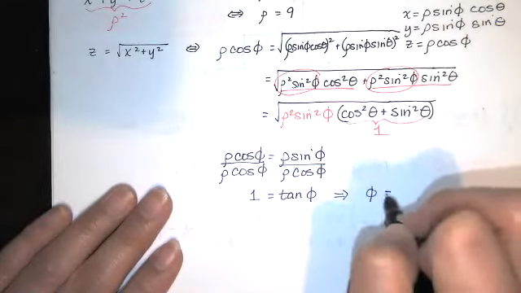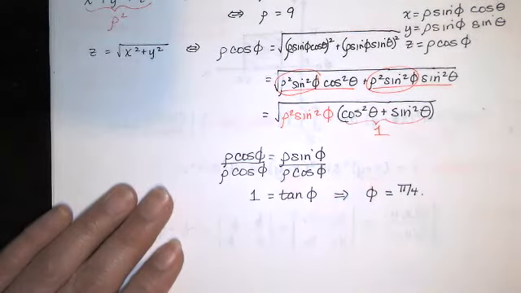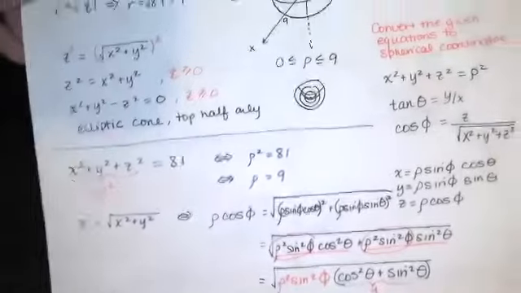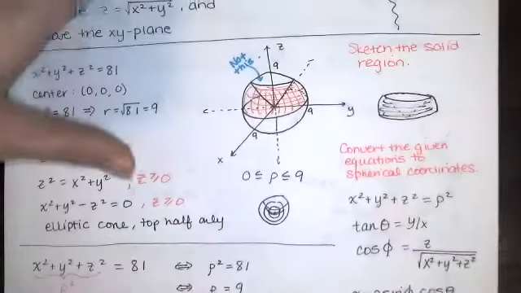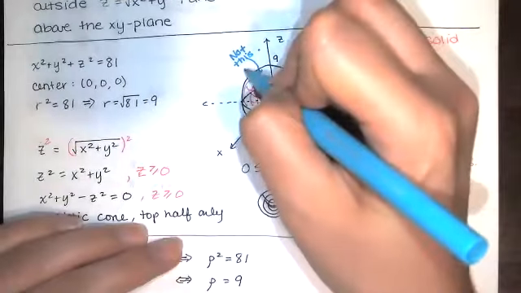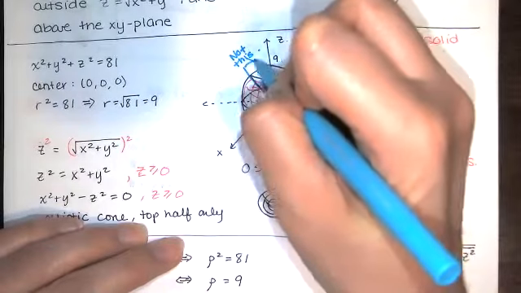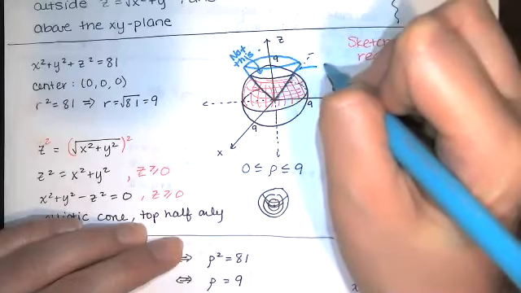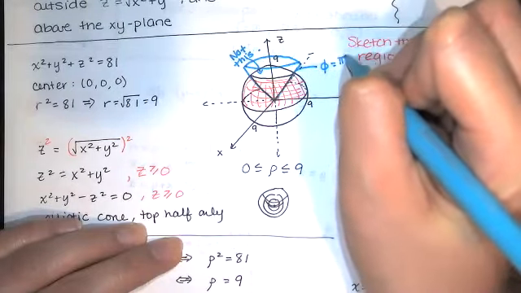What is the angle whose tangent is 1? That's pi over 4. You're saying to yourself, what does that mean? That means this cone is given by the equation phi equals pi over 4.